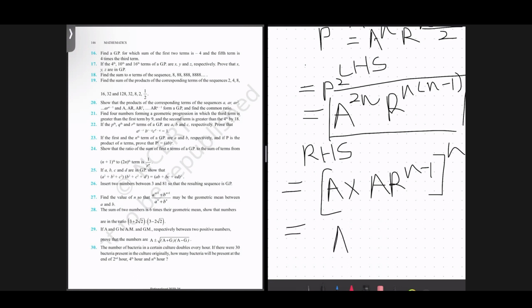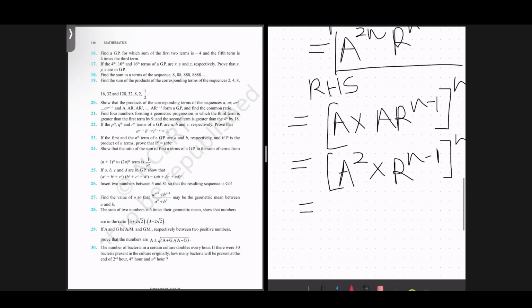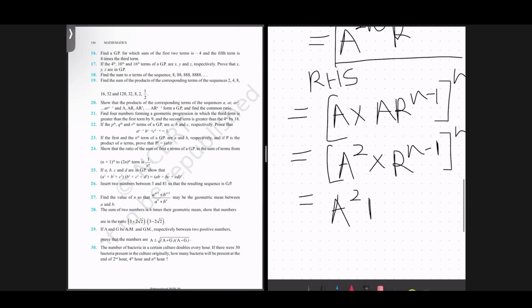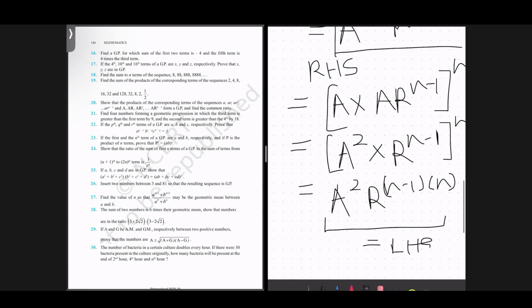Then you do that, you get a squared into r raised to the power n minus 1, whole raised to the power n. Powers get multiplied. What you are finally left with is a square r raised to the power n minus 1 into n, and this is equal to your LHS.